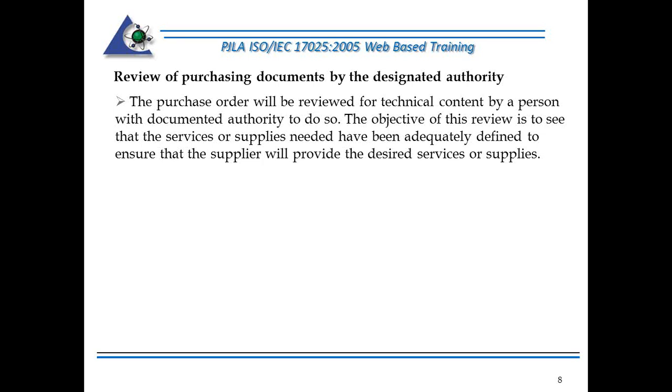But there's a requirement in the standard that to minimize as much as possible the likelihood that that would happen, the purchase document, once it's prepared and before it's issued to a vendor, has to be examined by a person designated to do so for technical content. And then they have to approve it.